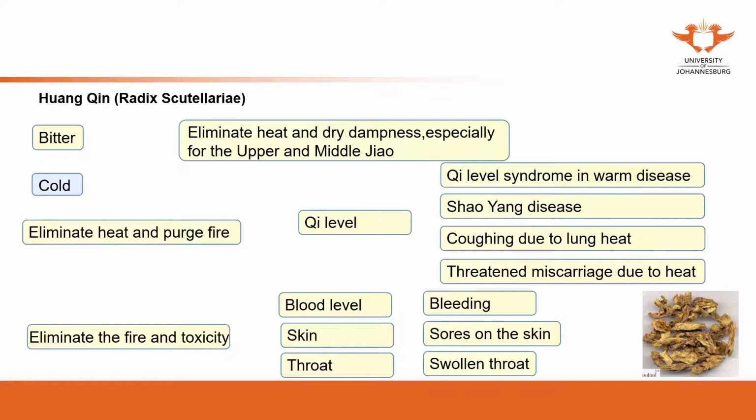So when we use 黄芩 and 柴胡, they can help remove the qi stagnation in the gallbladder. They also can clear the fire and heat in the gallbladder.